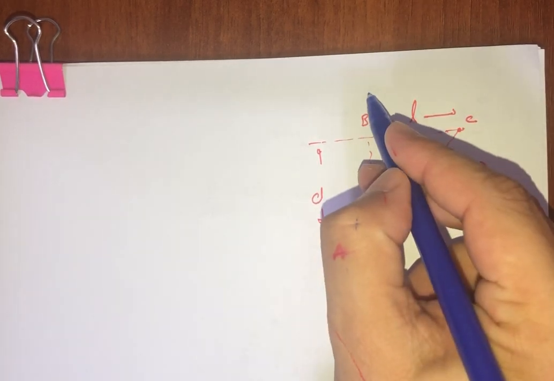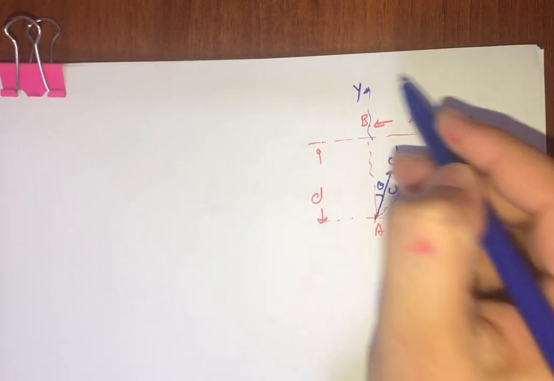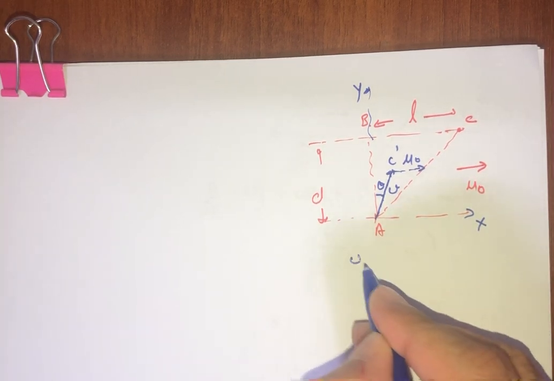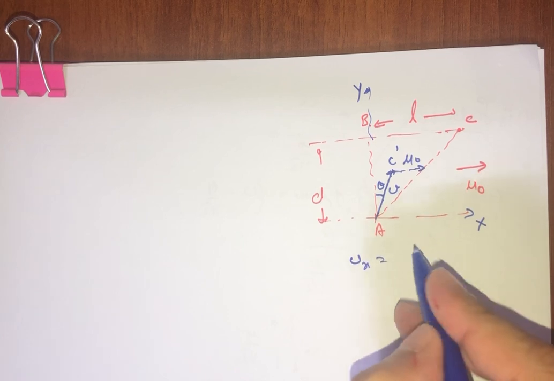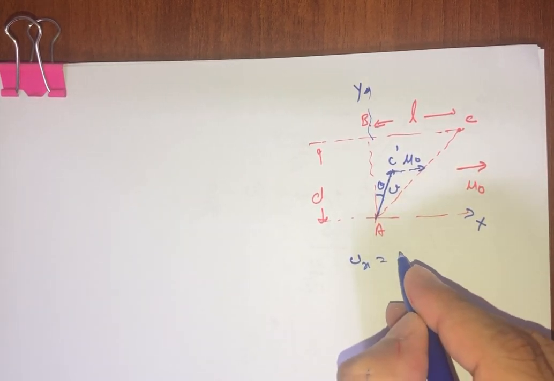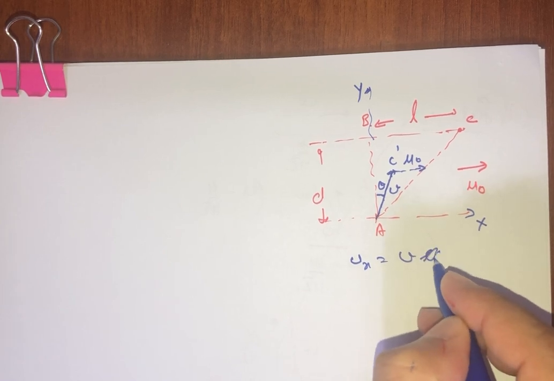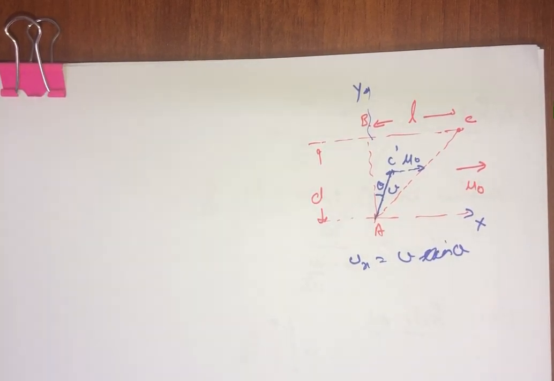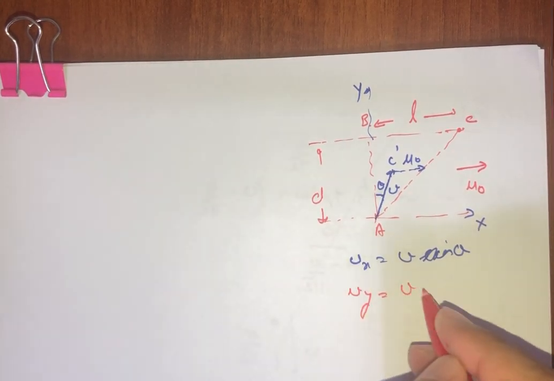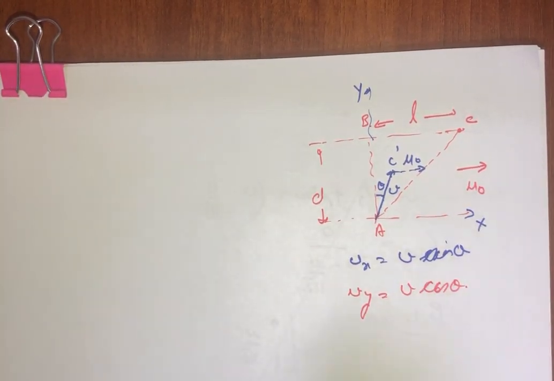This is the x-axis and this is the y-axis. So we can divide the velocity of the swimmer v into two components. Vx in the x direction will be equal to v sine theta, and Vy will be equal to v cos theta.